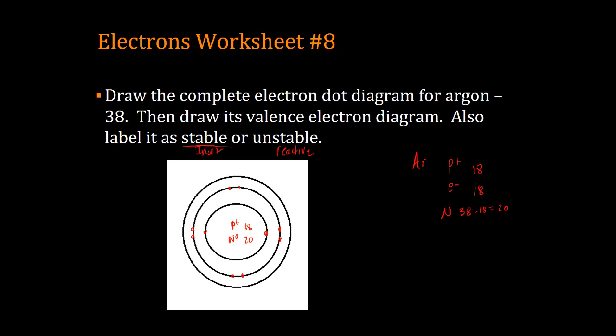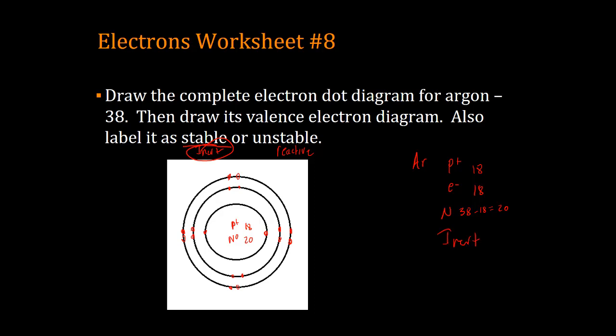I know I broke my own rule, but I knew that one was full. So 2 and 8 is 10, and then I need 1, 2, 3, 4, 5, 6, 7, 8. And now I'm done, and that's an octet. That's got 8 electrons in it, and so this is, of course, inert. It's not going to react.